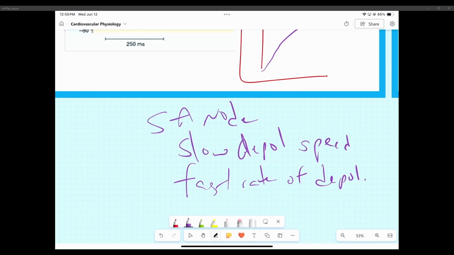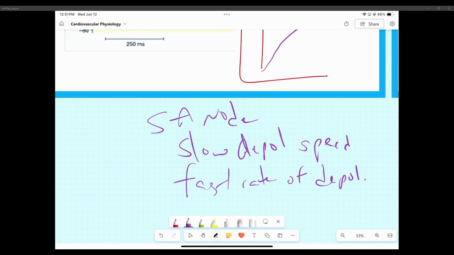The SA node, because it depolarizes at a faster rate than any cell in the heart, it controls the heart rate. Remember, all or none principle. If any cell in the heart depolarizes, the whole heart goes. Luckily, the SA node fires faster than everything else, so it controls the heart rate.